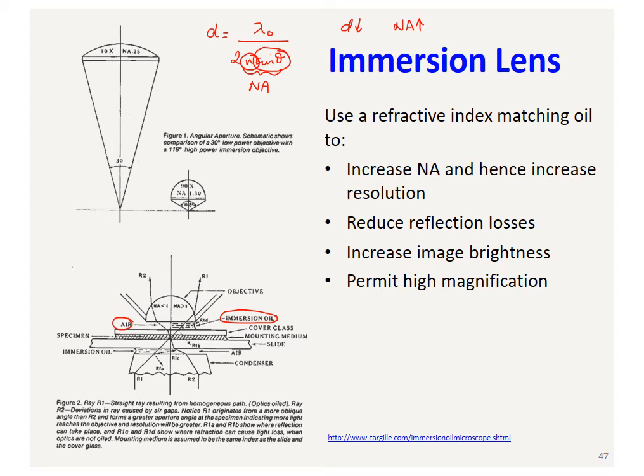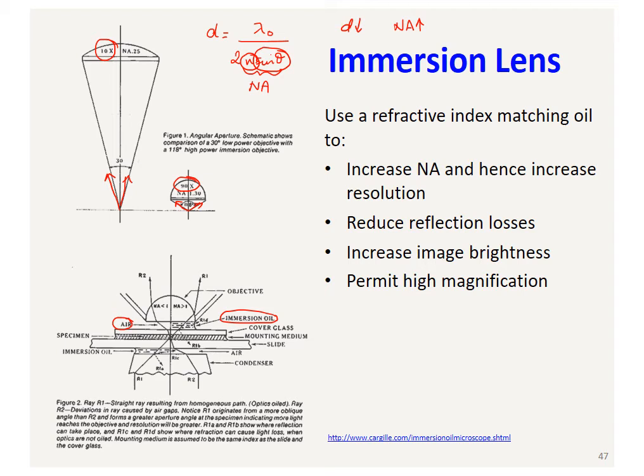This is so in the top example, where a low power objective is shown to have only a relatively small angle of acceptance compared to the higher power objective, which is closer to the object and therefore accepts a much larger range of angles.